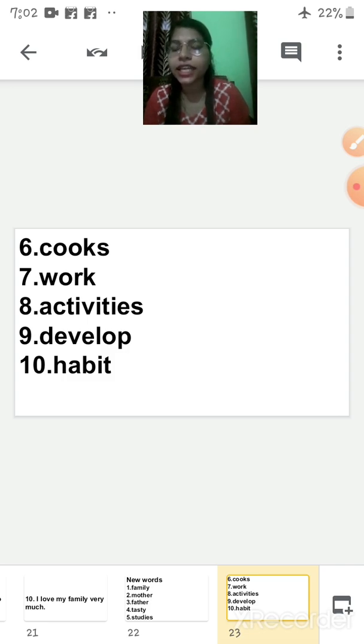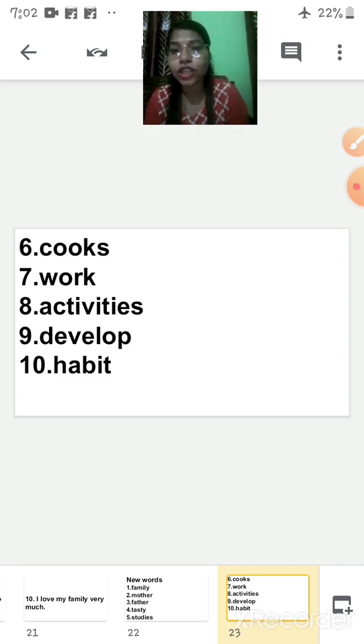Ninth is D-E-V-E-L-O-P, develop. Last is H-A-B-I-T, habit. So these were the 10 new words of the composition.